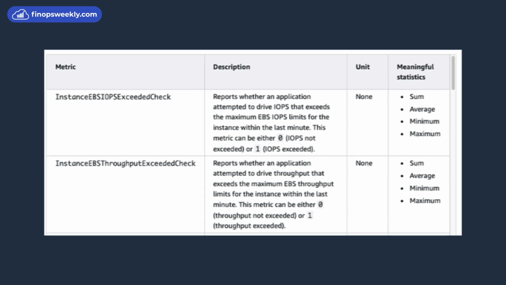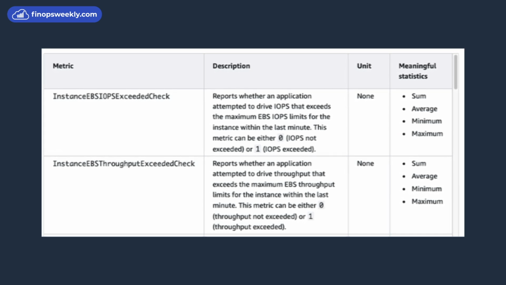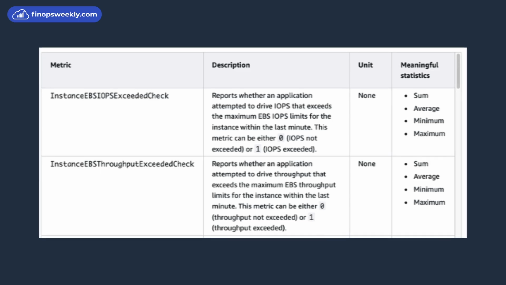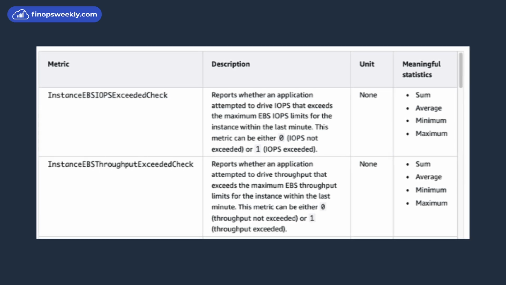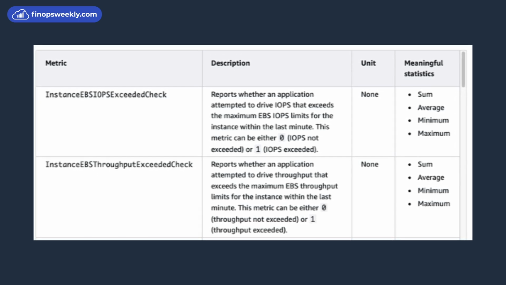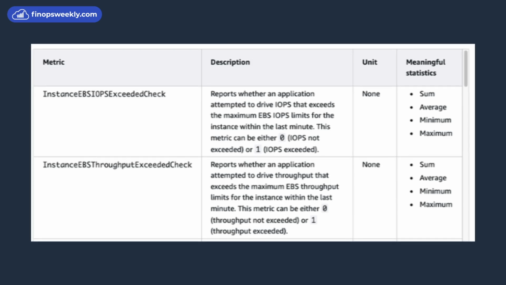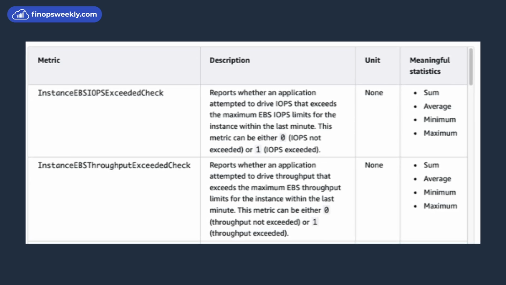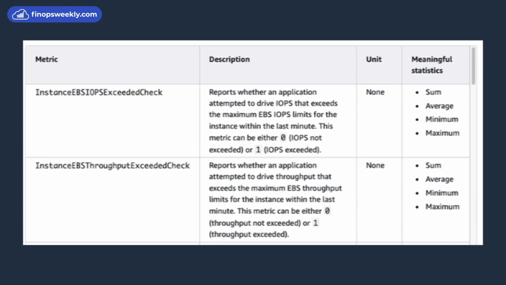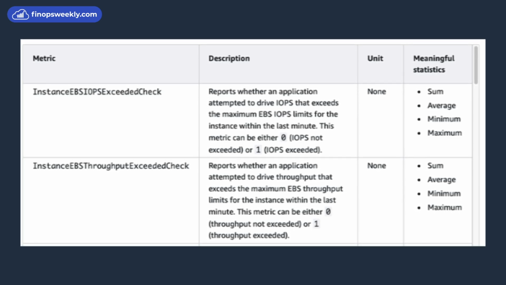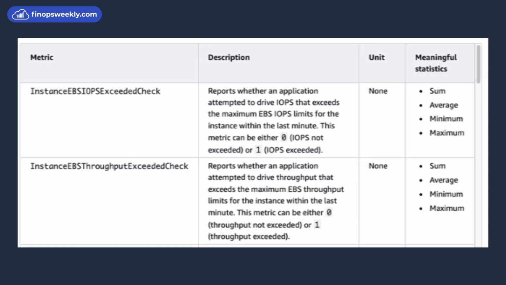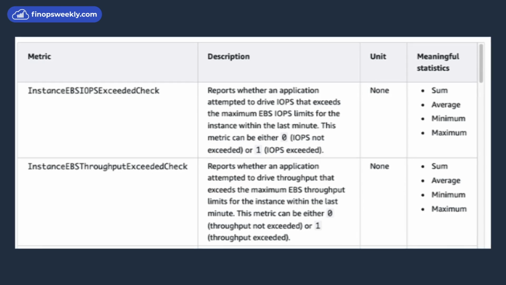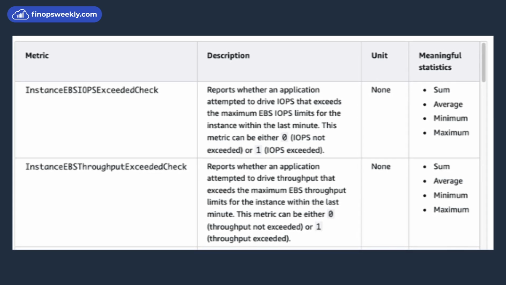That makes it straightforward to create alarms and dashboards that detect application performance issues tied to instance sizing, enabling you to move to larger or different instance types before user impact grows. And more importantly, these metrics are available by default at 1 minute frequency for all Nitro-based EC2 instances with EBS attached in all commercial regions, including government cloud and China.